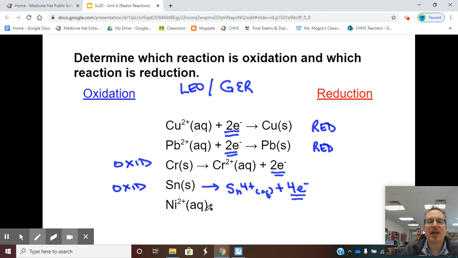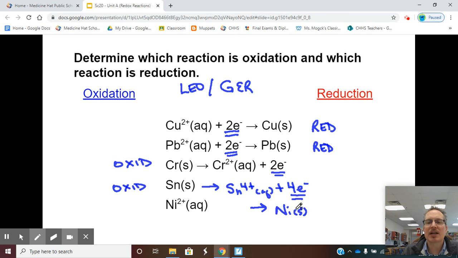We have one example left. We have Ni2 positive. So let's look for that in the periodic table. That's element number 28. It's going to go then to nickel. So Ni2 positive charged nickel goes to nickel atom. 1 Ni, 1 Ni. So the atom is balanced. Now let's balance charges.